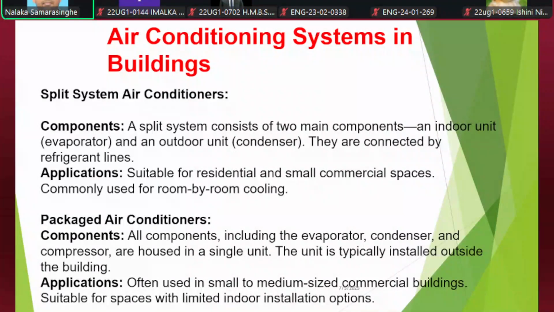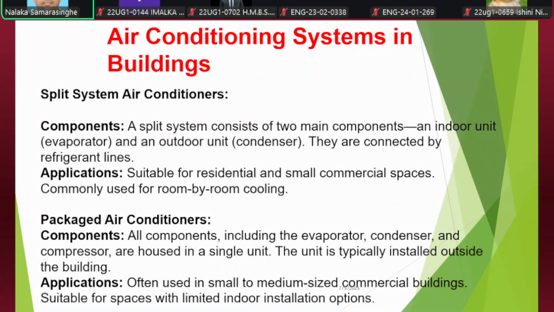And if you have been to any of those supermarkets, like Cargill's Food City, usually those kinds of packaged air conditioning systems are used in those shopping malls. Shopping malls means the market, supermarkets. So in supermarkets, this packaged type of air conditioner is popular.